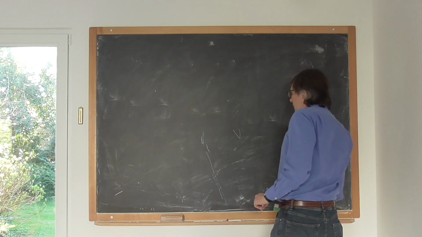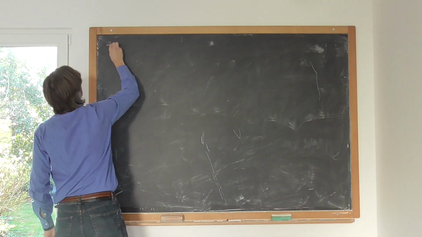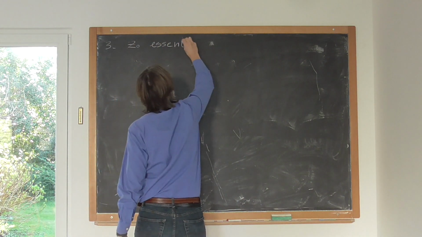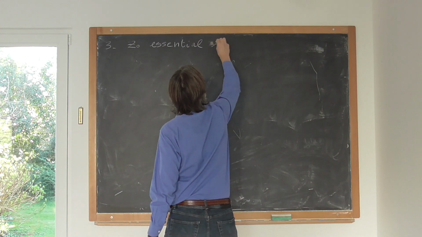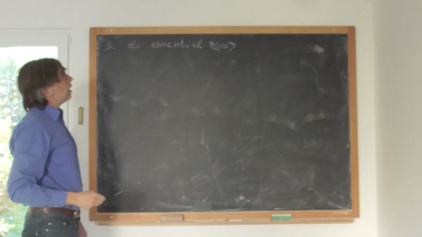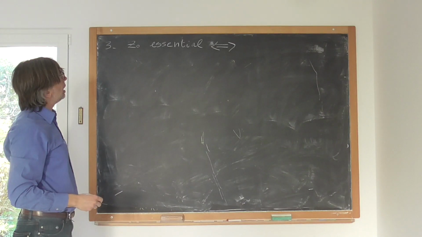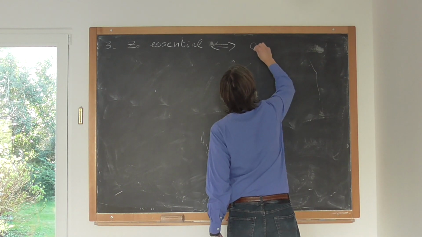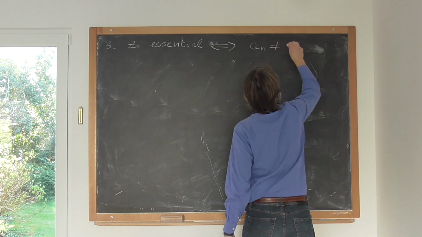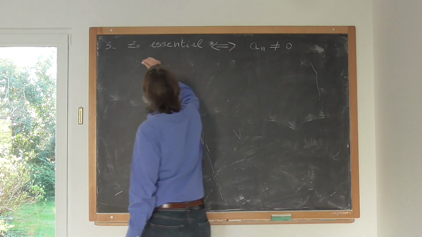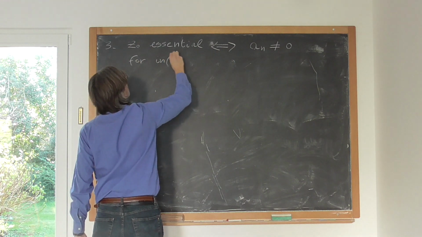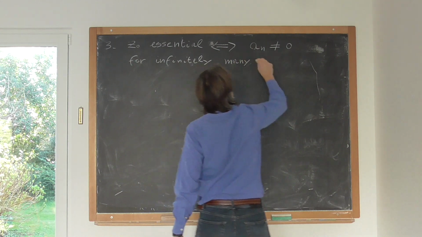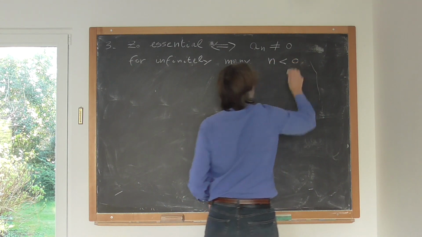And of course, now z0 is an essential singularity if and only if we're in the case not covered by 1 and 2, meaning that a_n is different from 0 for infinitely many n negative.